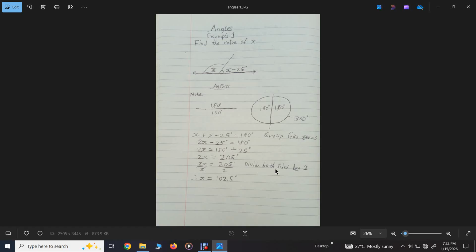So therefore, we divide both sides by 2 to get x. Therefore, x is equal to 102.5 degrees. So therefore, the answer is 102.5 degrees.